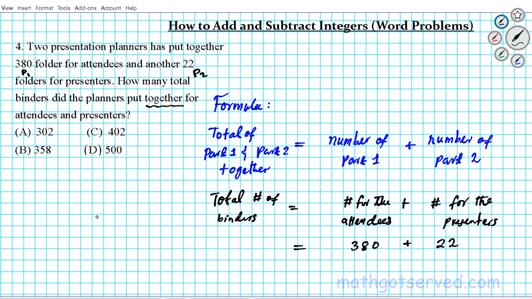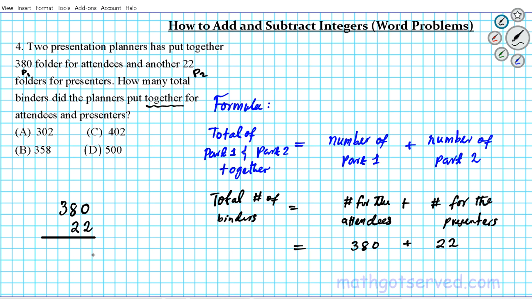Okay, so now we're going to be adding 2 integers. So when you're adding integers, 380, you want to make sure that the place values line up perfectly, or else you're going to ruin the sum. So you notice how I aligned the ones place together and the tens place. That's how you align it so that your sum is accurate.